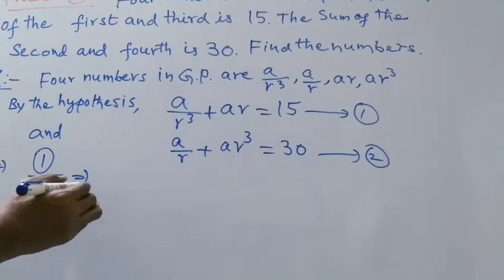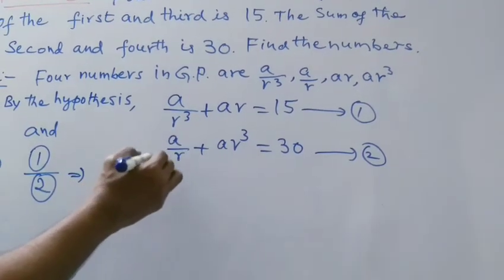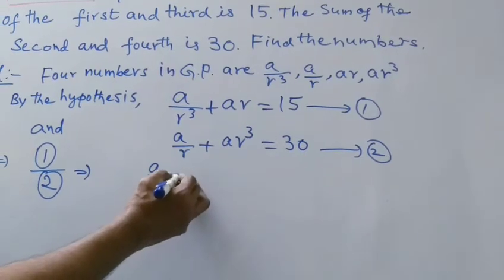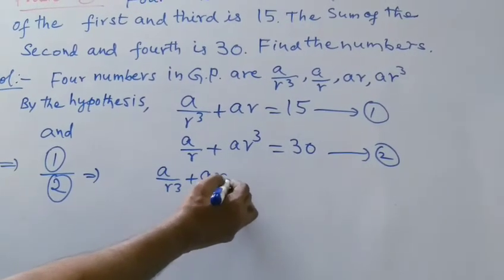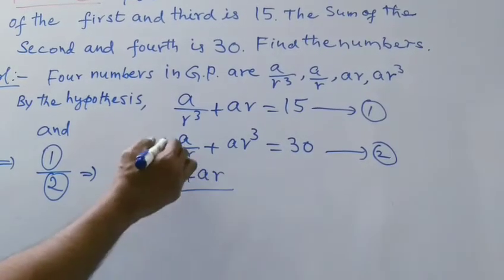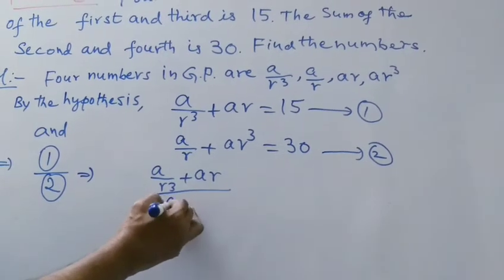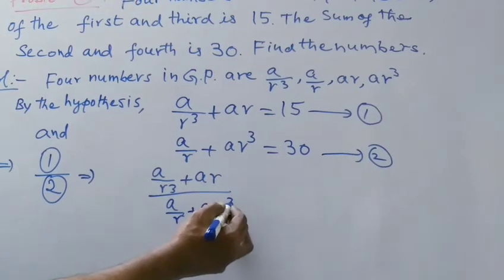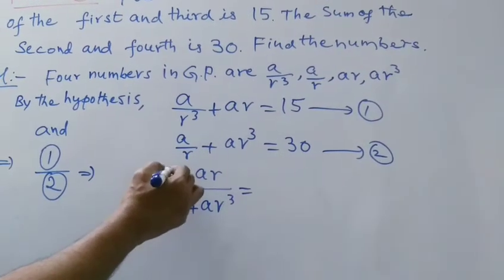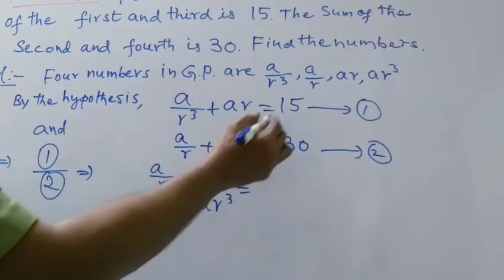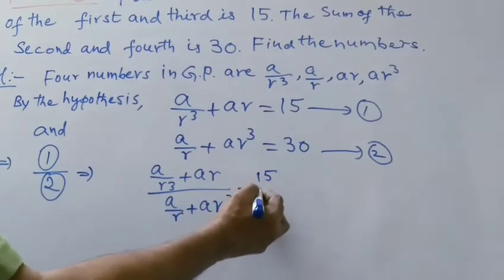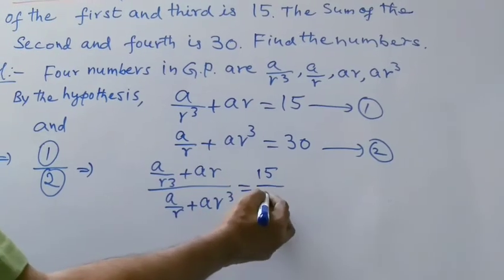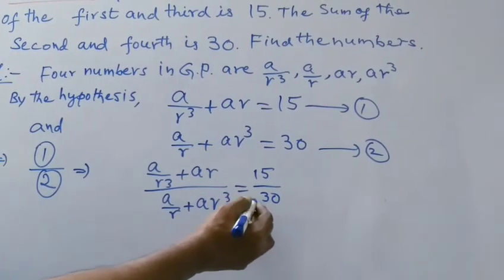Implies (A by r cube plus A r) divided by (A by r plus A r cube) is equal to 15 by 30.